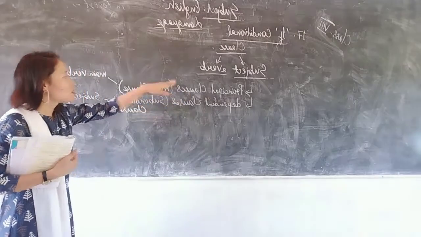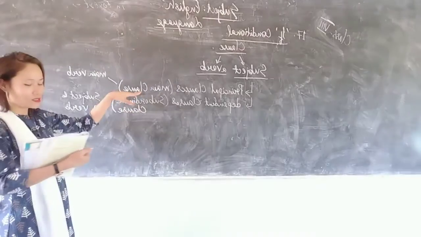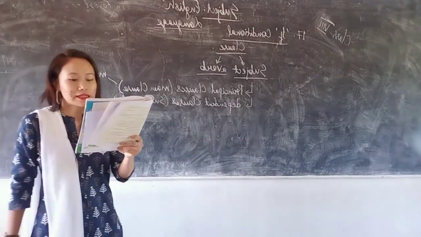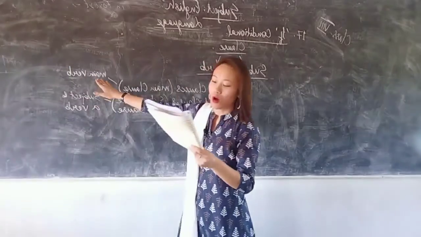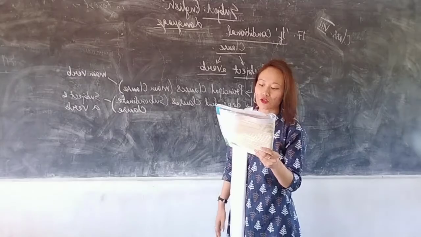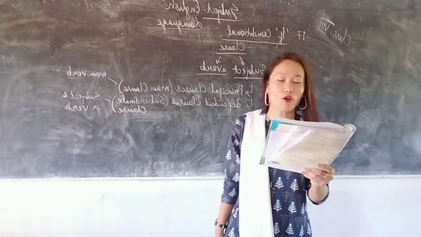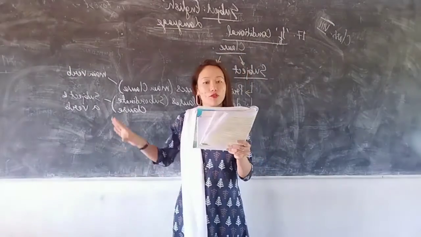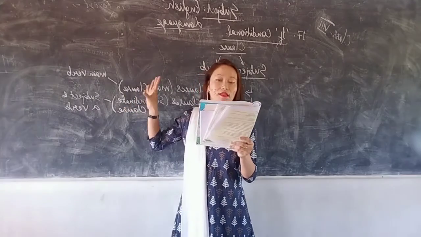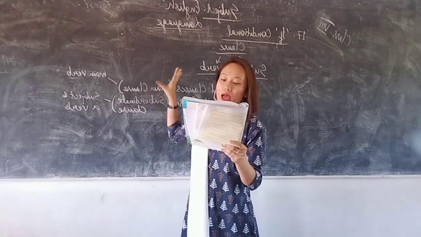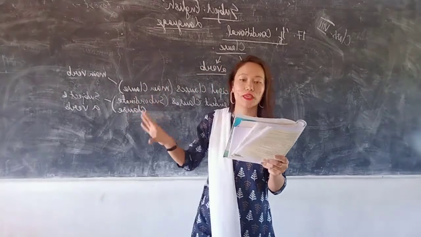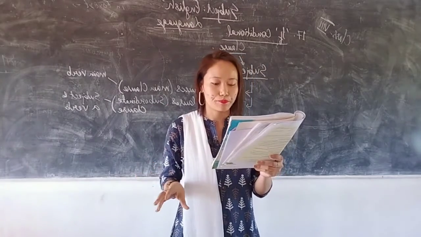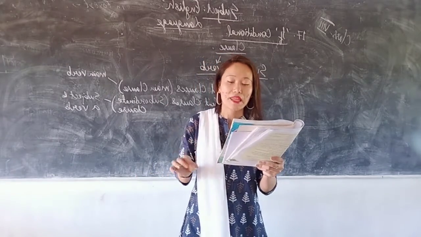A principal clause, also known as main clause, contains the main verb of the sentence and shows the time of action of the sentence. These clauses can stand on their own, independent, and do not require anything else to make complete sense. Example: men may come.